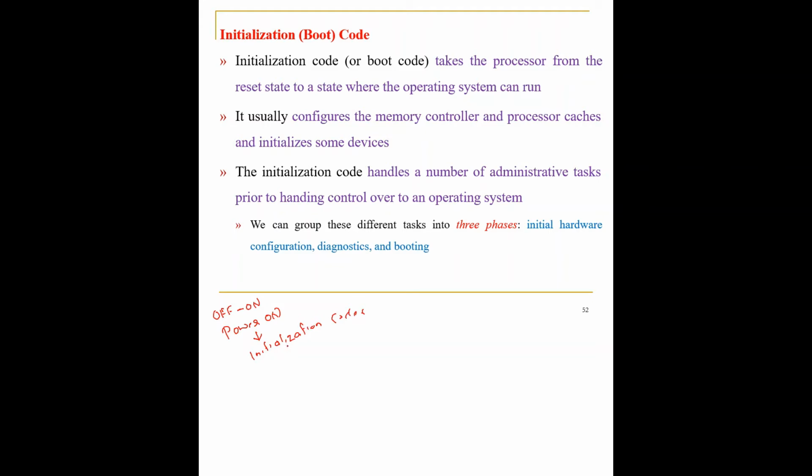So remember this, it is not the operating system that runs first, it is the initialization code that runs first. What does this initialization code do basically? Initialization code will be configuring the memory controllers and processor caches and initializing some devices.